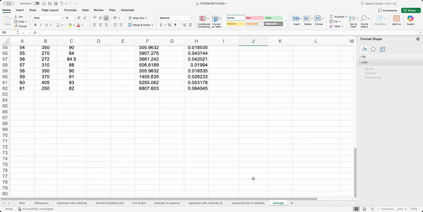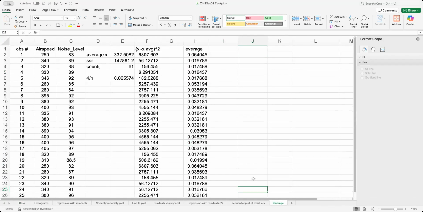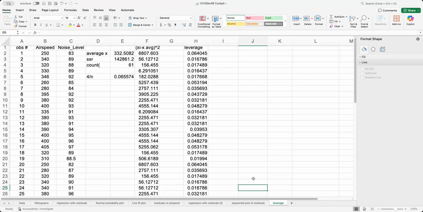Grab your calculator. What's 4 over 61? So multiply that by 4. No, that is 4 over. So I need to look at these leverages, which I calculated for each one of these numbers.